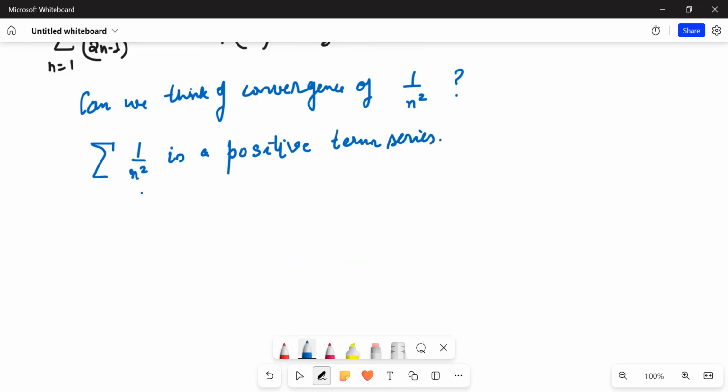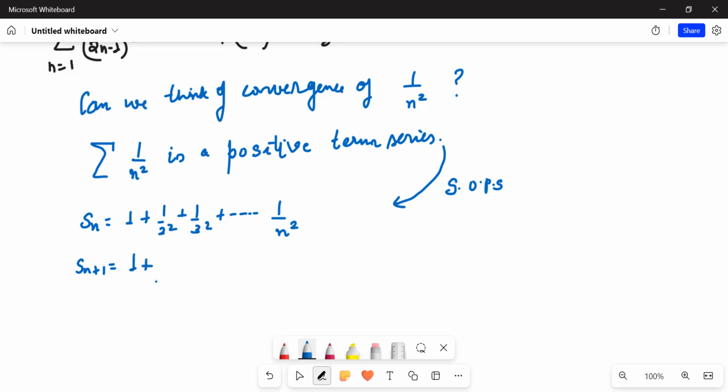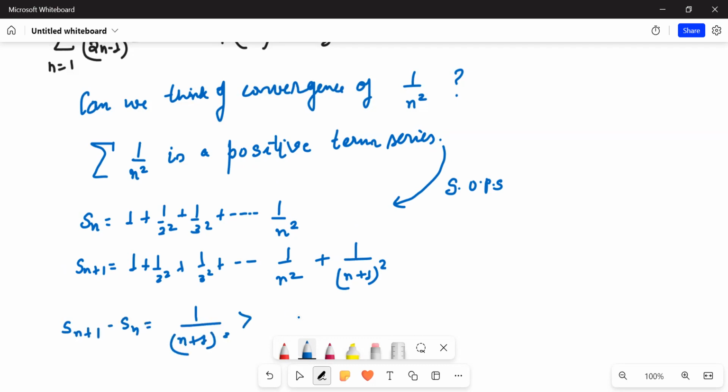The sequence of partial sums would be Sn equal to 1 plus 1 by 2 square plus 1 by 3 square, up to 1 by n square. And if I take Sn plus 1 minus Sn, I will simply get 1 upon (n plus 1) whole square.